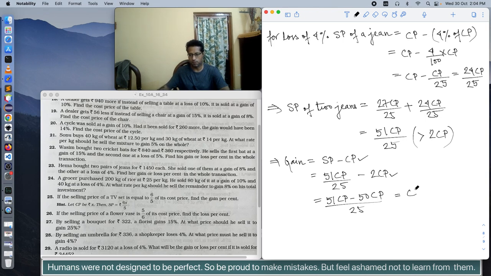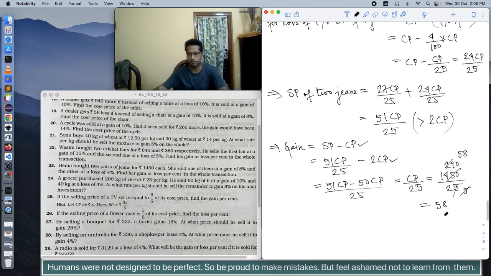This is equal to CP by 25, and now we can put the value of CP, which is the cost price of each jeans, 1450 by 25. This is equal to 58. So the gain is rupees 58.